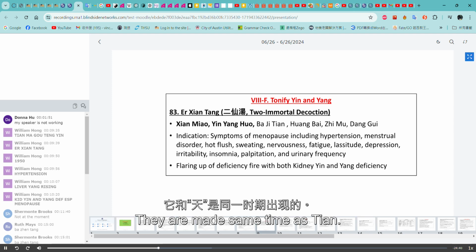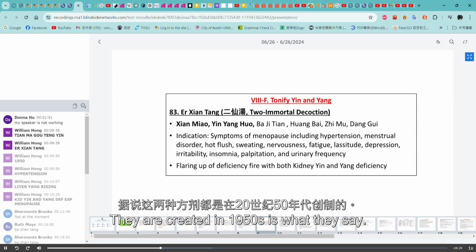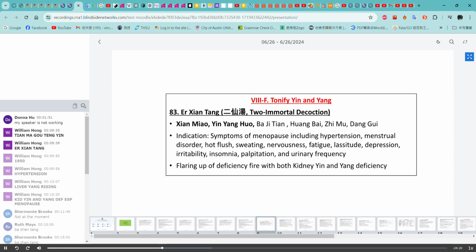This Er Xian Tang was probably made at the same time as Tian Ma Gou Teng Yin. They were created in about the 1950s, is what they say.